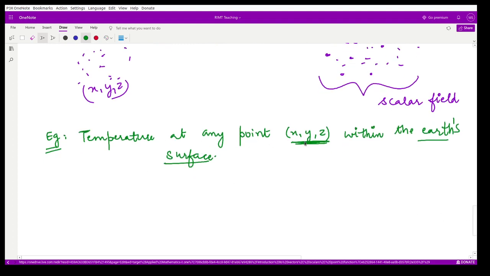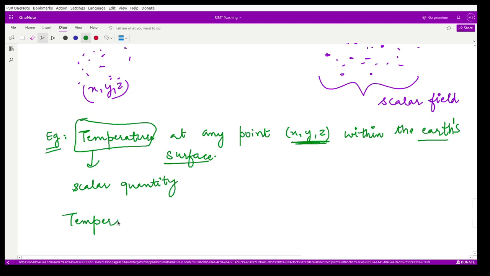Function provides you, corresponding to each point on the Earth's surface, a definite value known as temperature. Now you know what is temperature. It is a scalar quantity. So therefore, this temperature field is your scalar field.